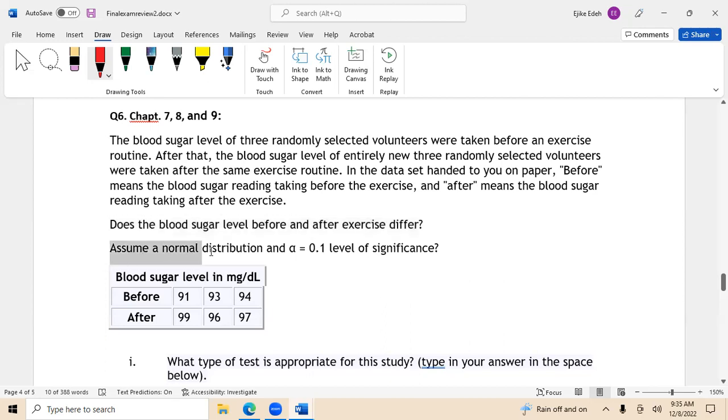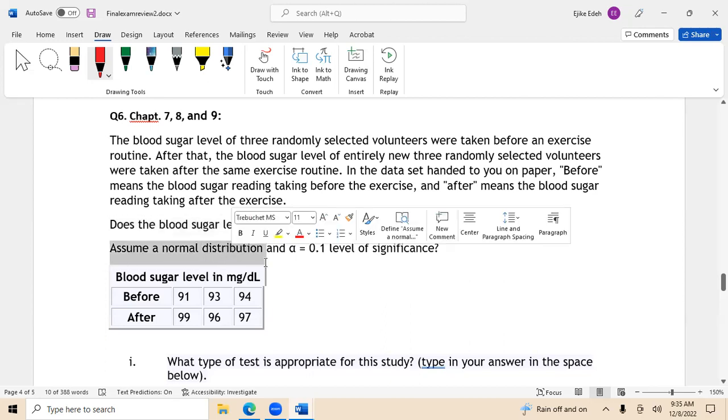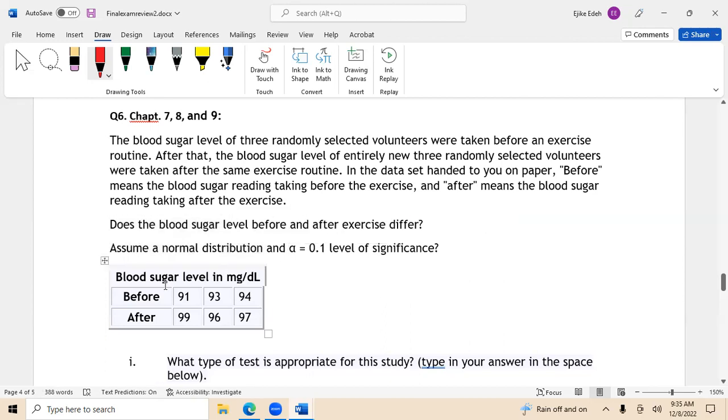And we're asked to assume a normal distribution, and we're also asked to take alpha, and I think I should be writing this in words. Let me say significance level. That doesn't confuse us. Okay, so we are asked to take alpha, or significance level, as 0.1.